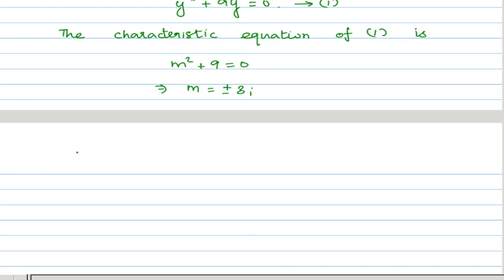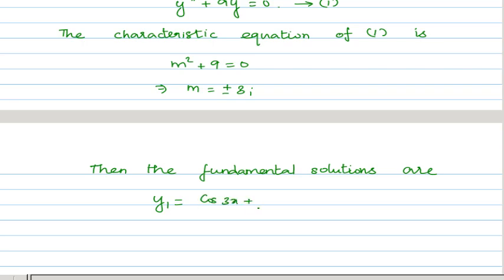Then the fundamental solutions are y1 is cos 3x, y2 is sin 3x.